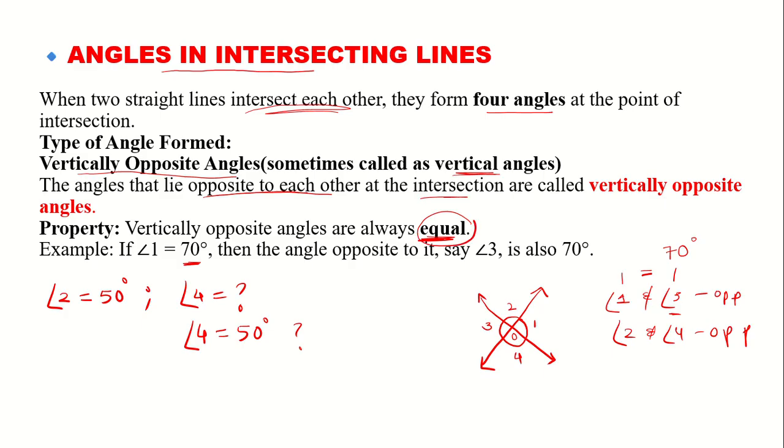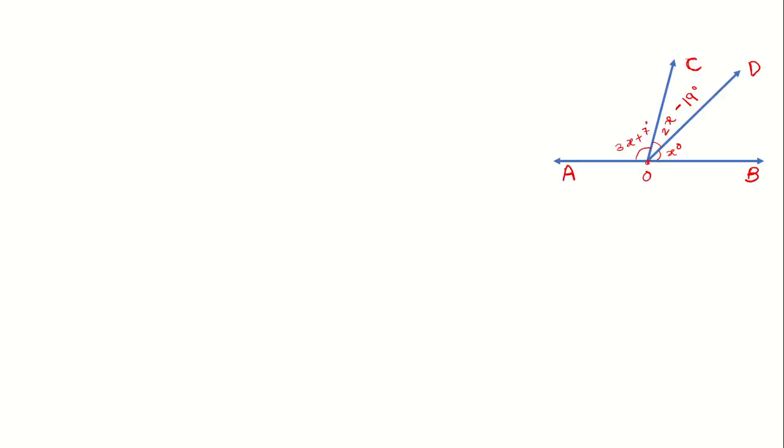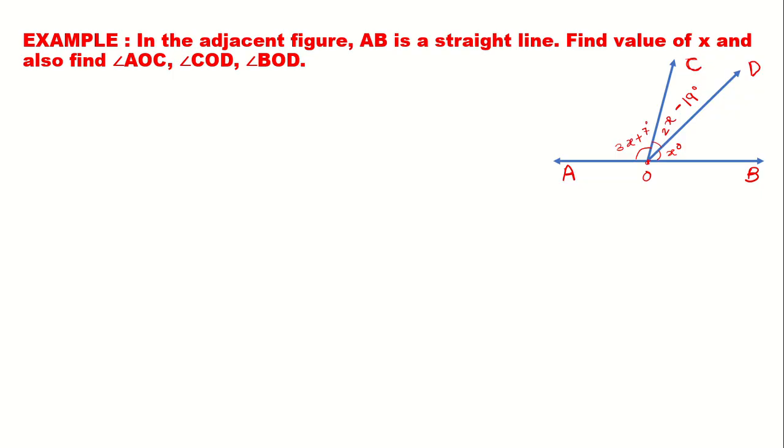So we have discussed two important topics, that are linear pair of angles and angles in intersecting lines. Now let's discuss a few examples. Here, read out the question.